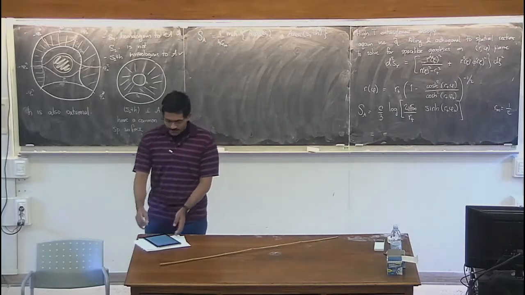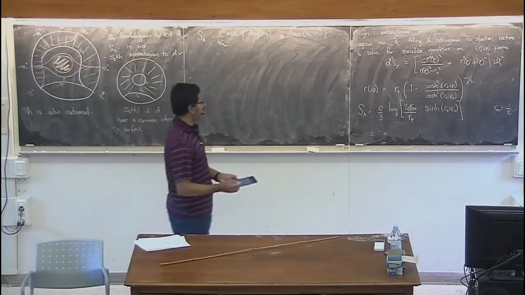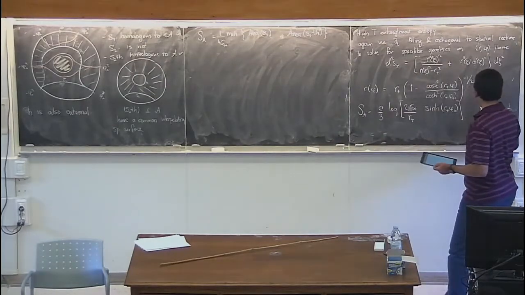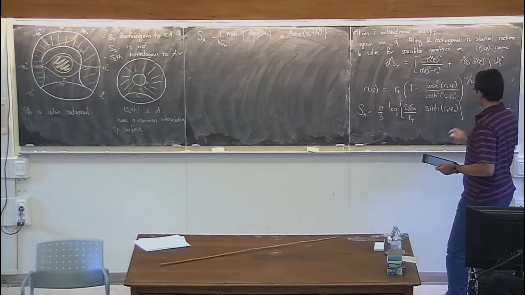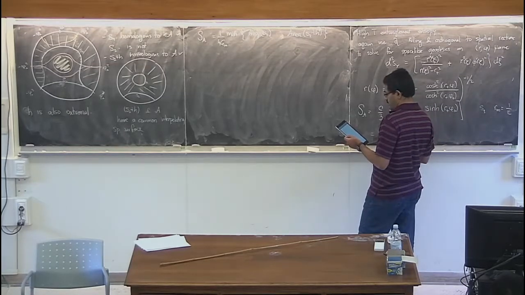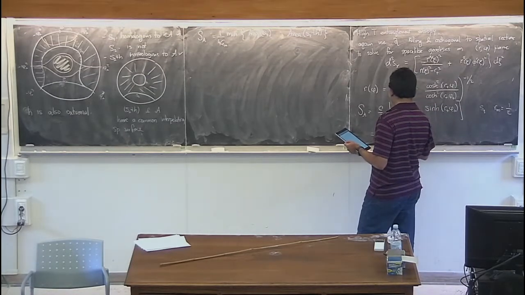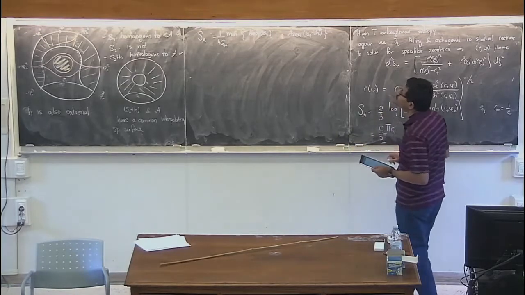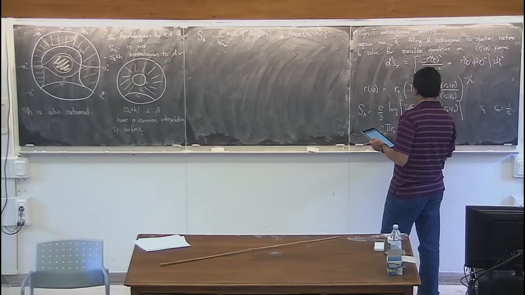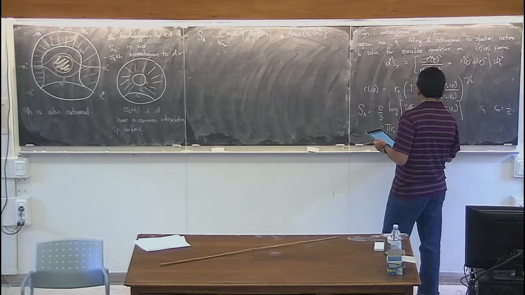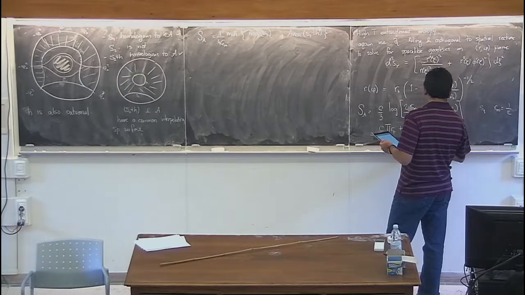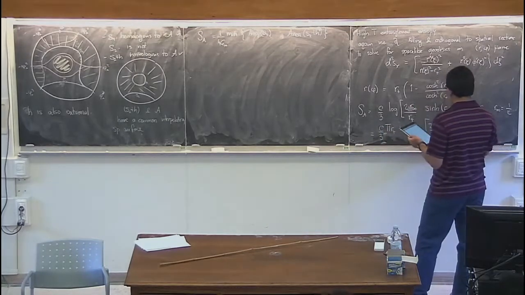So this is the answer for S1. The answer for S2 plus the horizon is similar, which you can get by just swapping phi to pi minus phi.